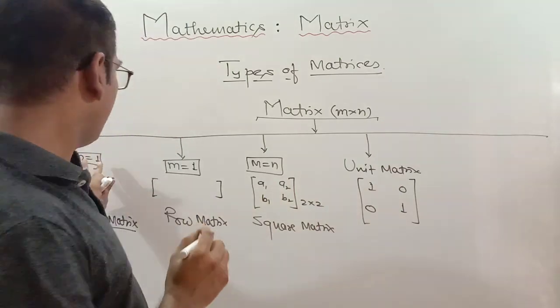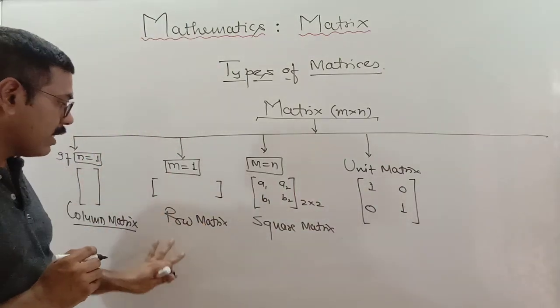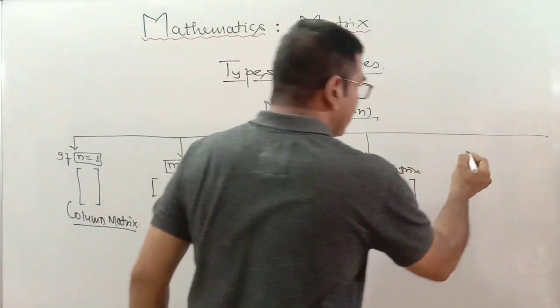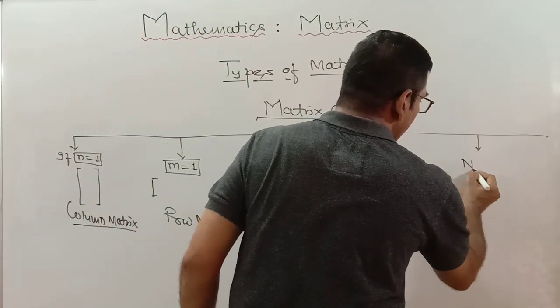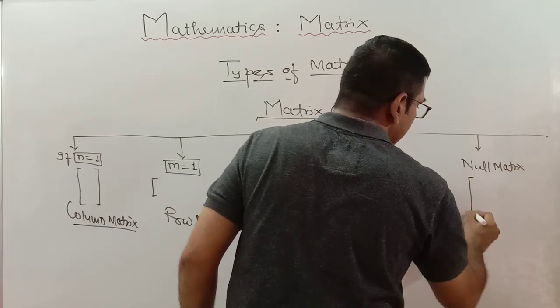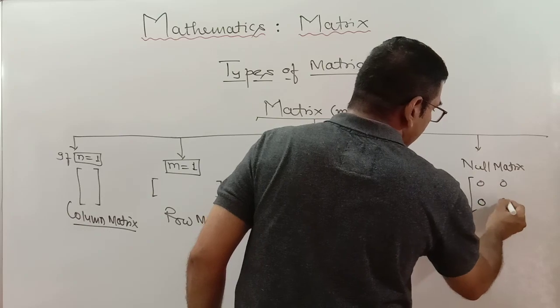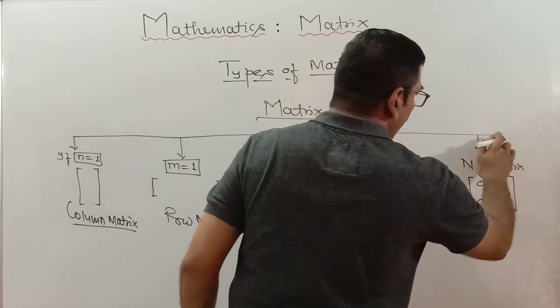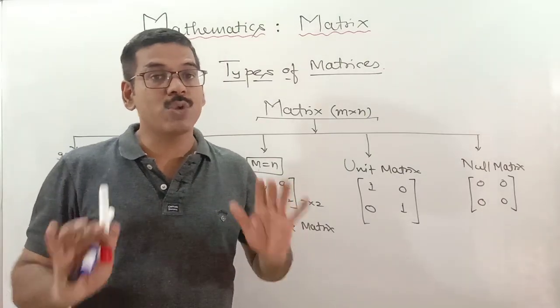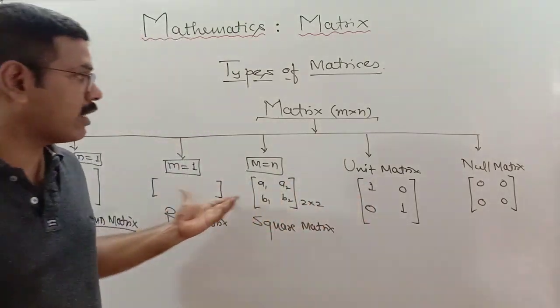So column matrix, row matrix, square matrix, unit matrix, null matrix. What is a null matrix that you should know? A null matrix is one in which all the elements of the matrix are 0. Do you have any doubt in this? I don't think you are having any doubt in this kind of matrix.